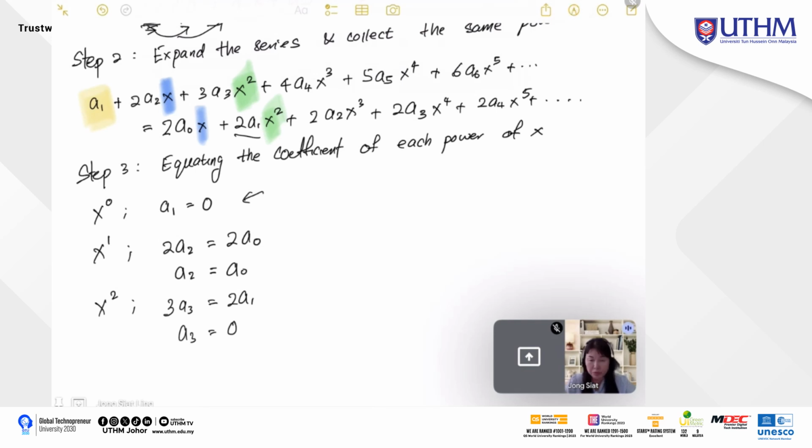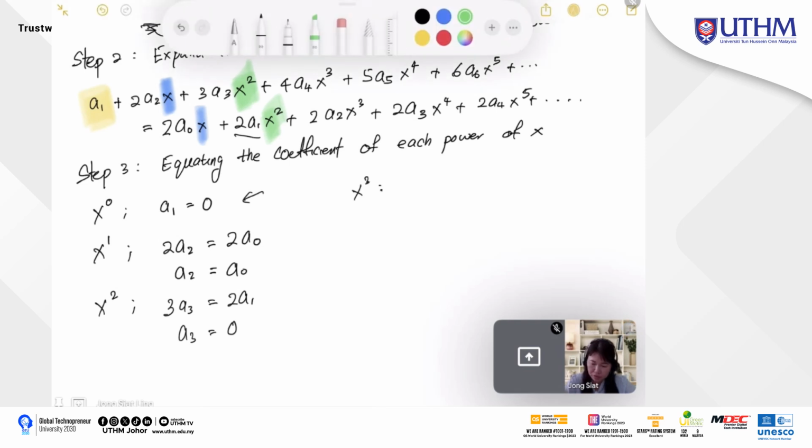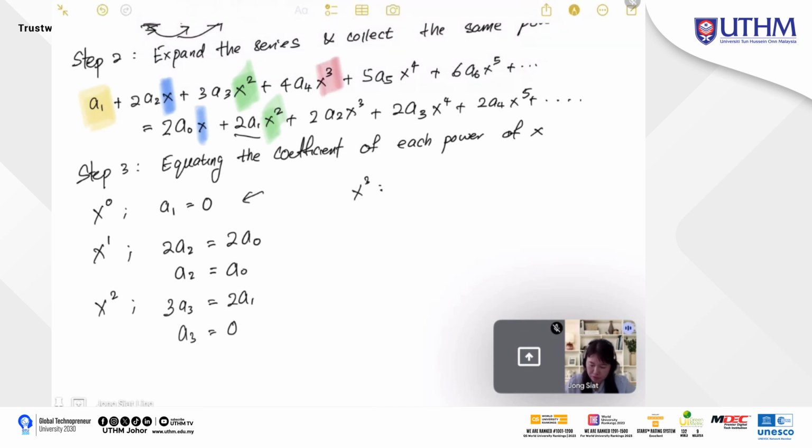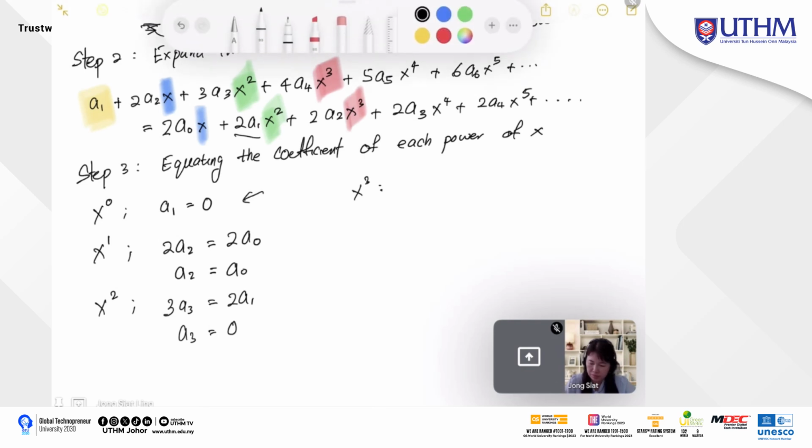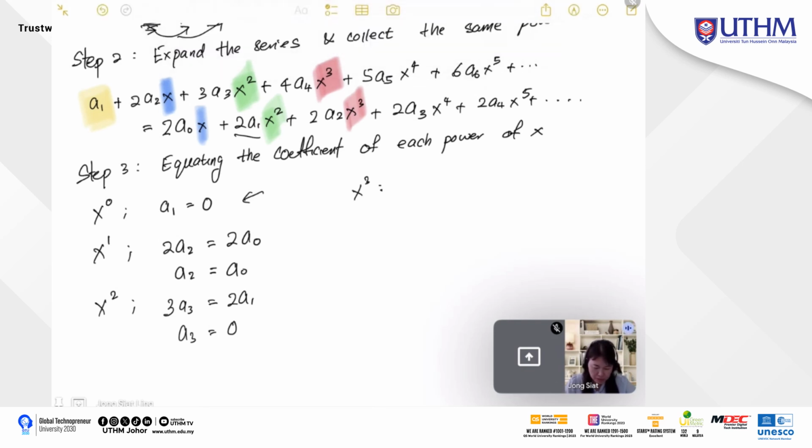Then we continue with equating x power of 3. X power of 3, this one and this one. When you equate x power of 3, what do you have? At the left hand side, you have 4a4.